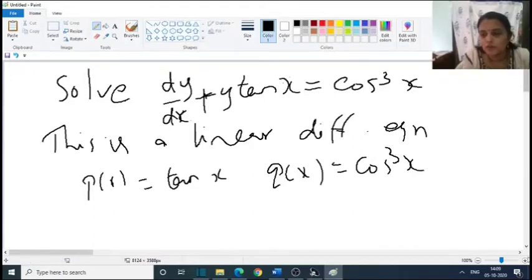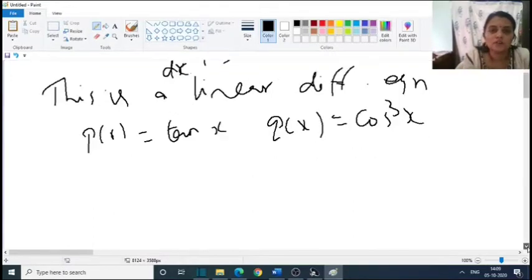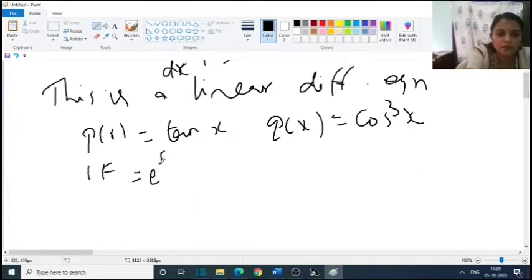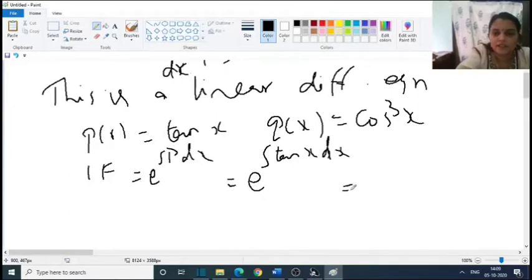Now to solve a linear differential equation we have to find the integrating factor, which is equal to e raised to integral p dx, which is equal to e raised to integral tan x dx. Integral tan x is ln sec x, so the integrating factor is sec x.